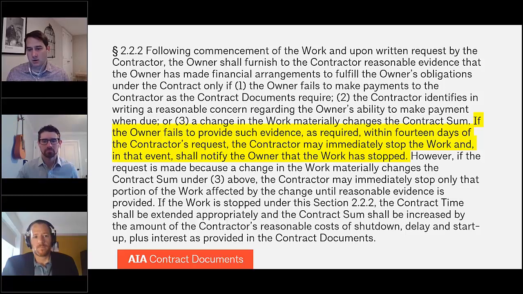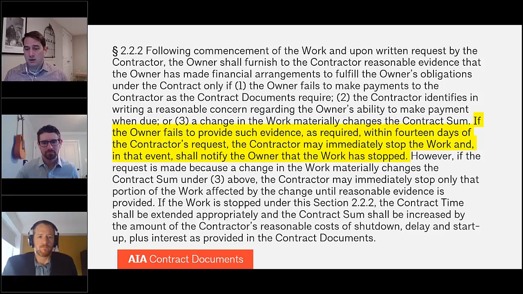If they don't really think it's a reasonable concern, they're going to go with the "Yup, we're good" type email or something closer to it. I would note that if the request follows the owner's failure to pay the contractor, the evaluation is a little different, mostly because there's another section in the A201 that says if the owner fails to pay the contractor, the contractor can stop work.